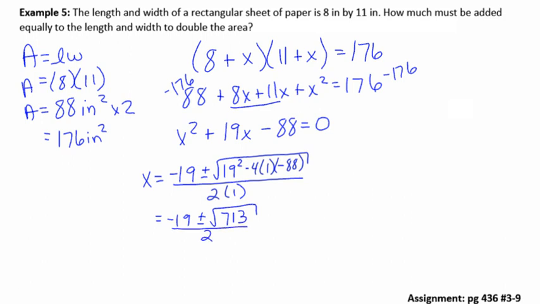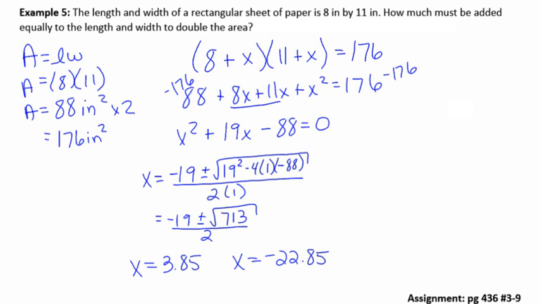Again, simplifying here, there's not much to really do, so just enter that into your calculators. What values would you get? Negative 19 plus root 713 over 2, and negative 19 subtract root 713 over 2. So my two answers that I got when I do that is 3.85 and x equals negative 22.85.